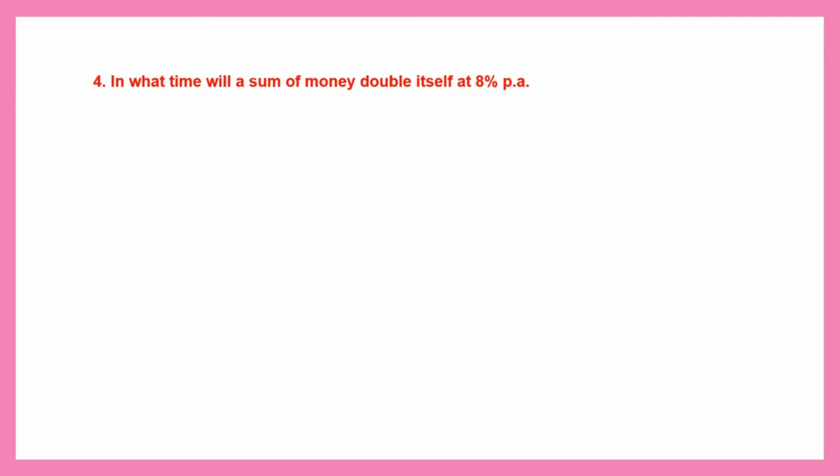Now to find time, what is the formula? The formula is simple interest into 100 divided by principal into rate of interest. So here we don't have simple interest, we need to find it, and principal we are going to assume, we are going to consider it to be a certain amount, and rate of interest is already given to us.